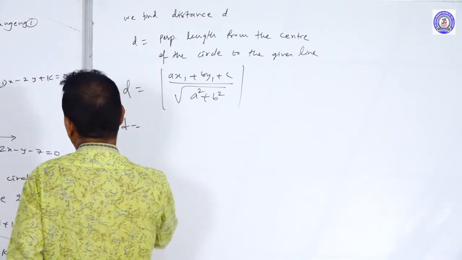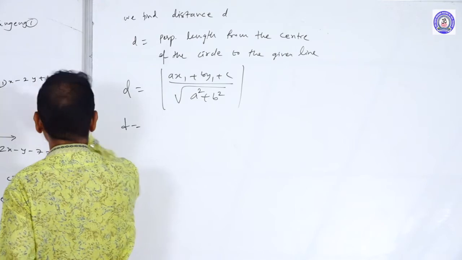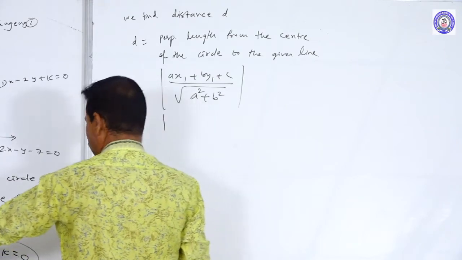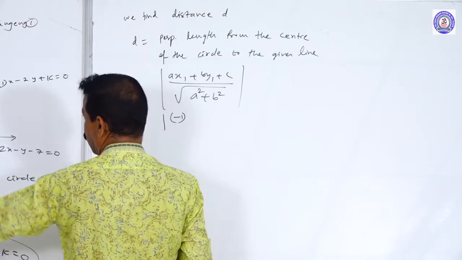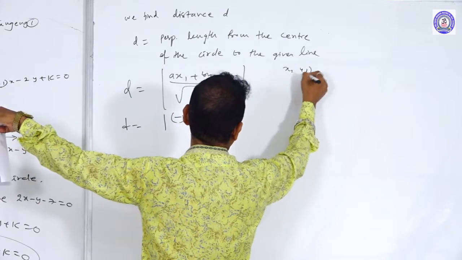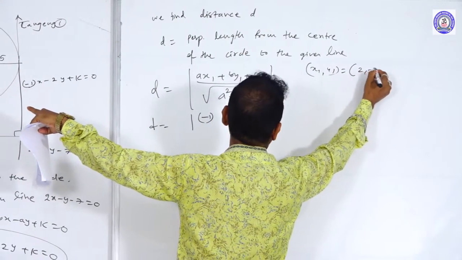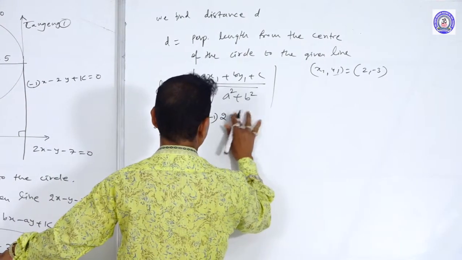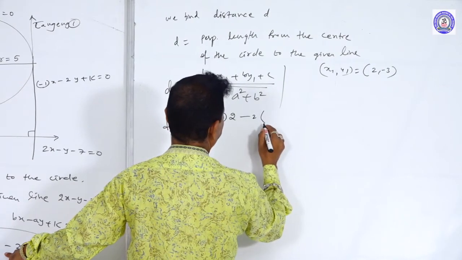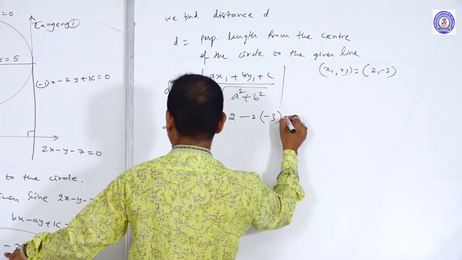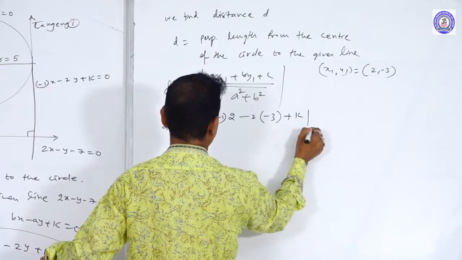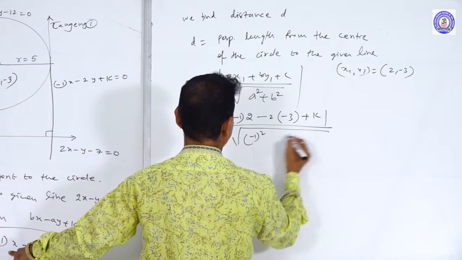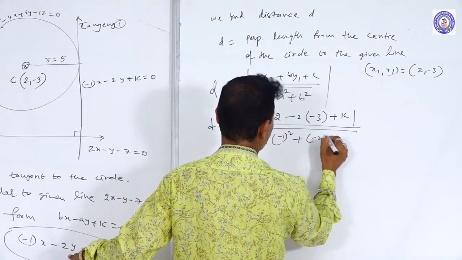D is equal to, the line is this one, modulus of A value −1, x1 value the center, here (x1, y1) is (2, −3), so x1 is 2, plus B value −2 into y1 which is −3, plus C which is k, by the root of (−1)² + (−2)².